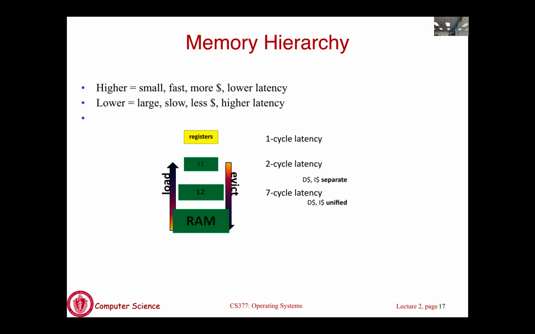Because you will see that in this case the speeds are also shown. I guess the RAM speed is not shown yet. So, RAM in this case has 100 cycle latency. It costs 100 cycles to access RAM. Registers are 1 cycle, so 100 times faster.